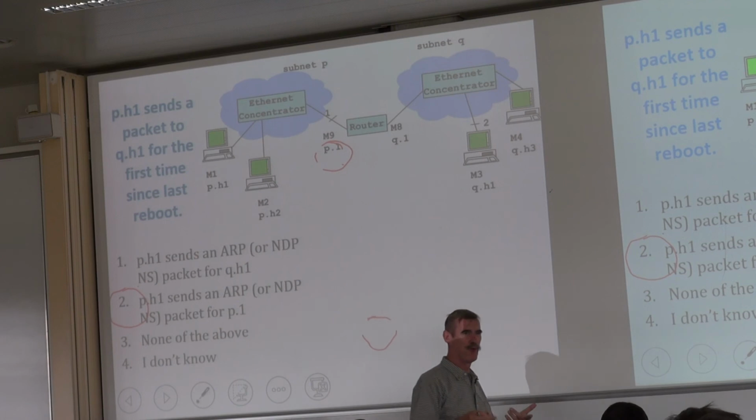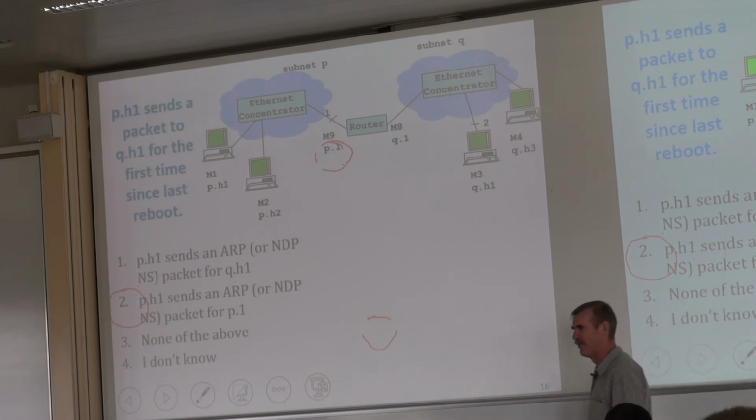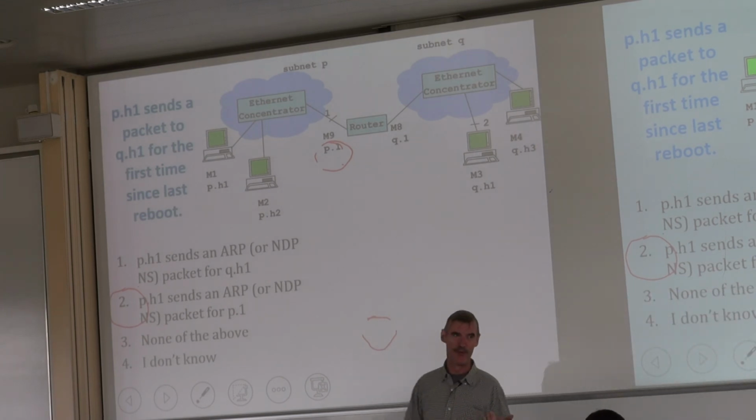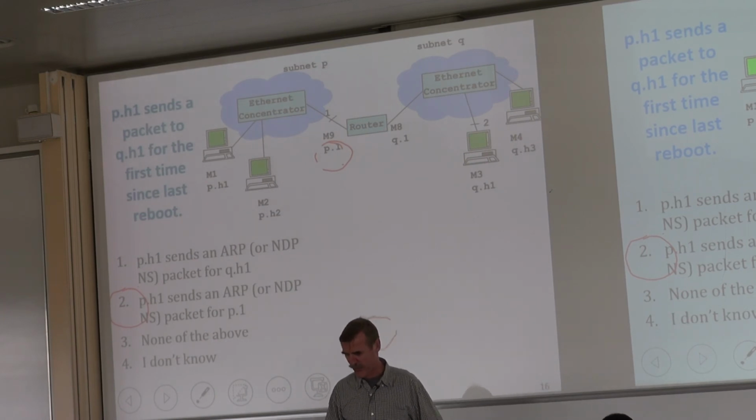So I'm looking for P1. Thank you for asking, that might have been misunderstood. So it's a broadcast packet if it's IPv4, or this bizarre solicited node multicast address in the case of IPv6, in which case it will be probably 2, P.1, or broadcast to everyone if the Ethernet concentrator doesn't do anything else than broadcast.